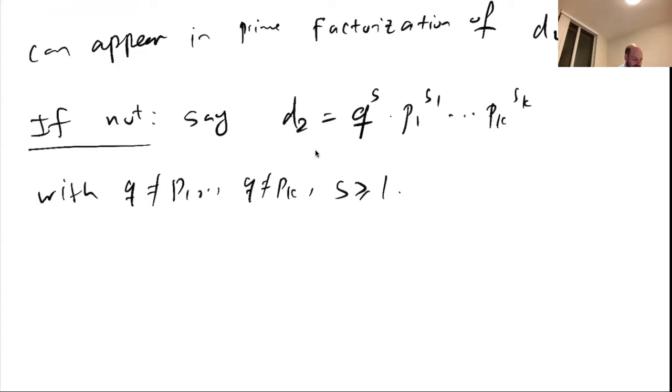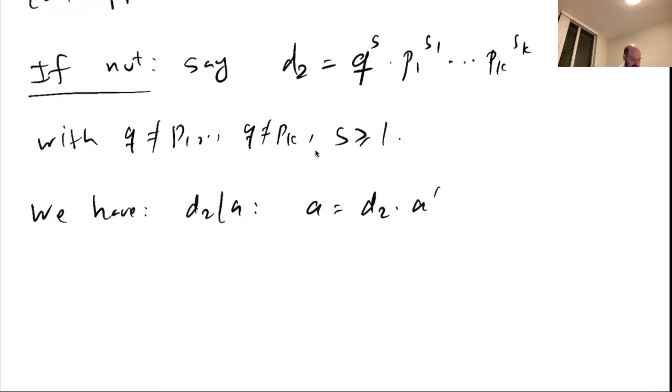Because if you look at D2, what do we have? We know that D2 divides both A and B. We have D2 divides A, so that means A is equal to D2 times, let's say, some number A prime, for example. So A, what was A?